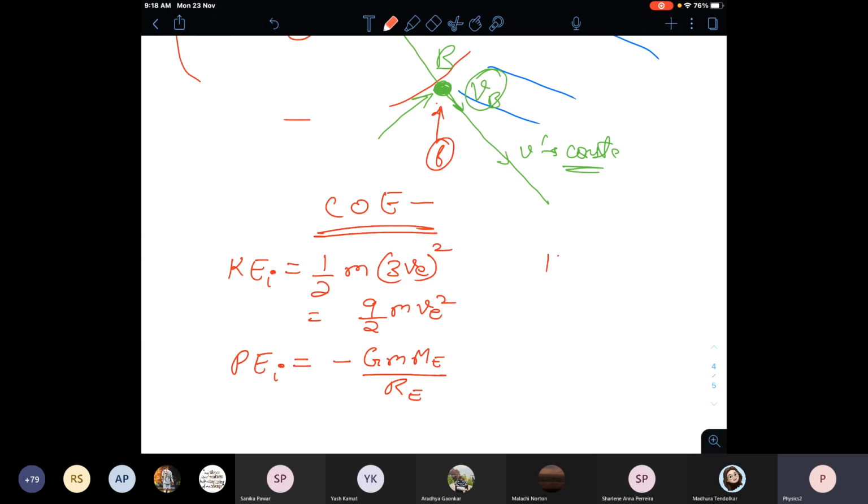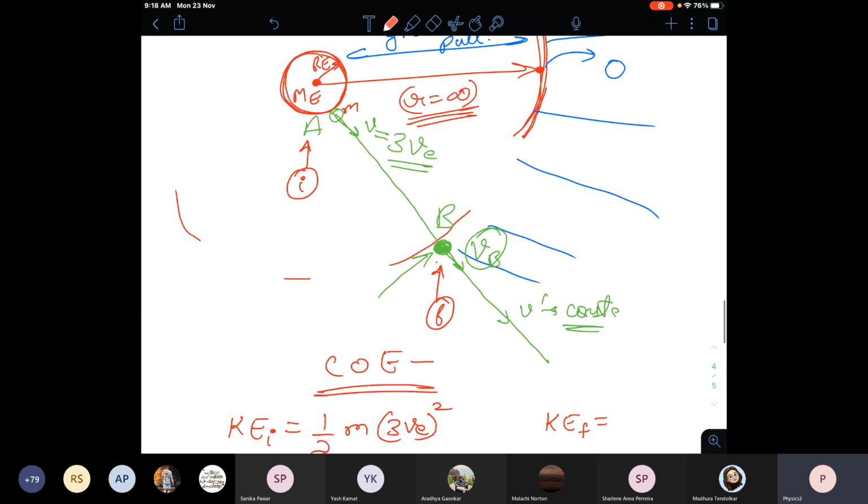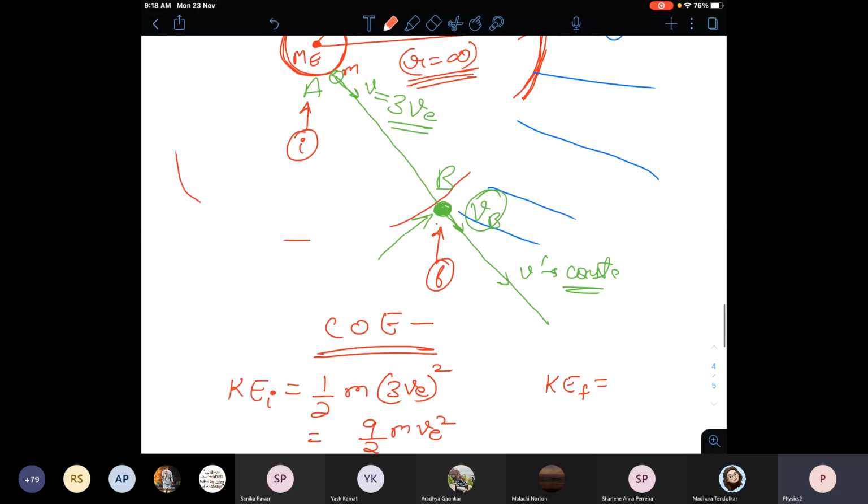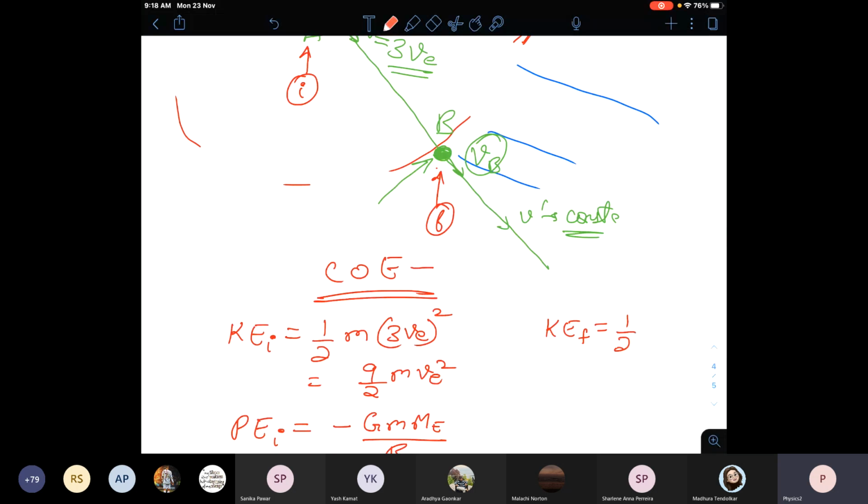Because the separation between the centers is RE only. Now, the final kinetic energy, that is at point B. Final condition is point B. So at the final position, the kinetic energy will be half m vb square, because at point B it has some velocity. We have to find this vb only.